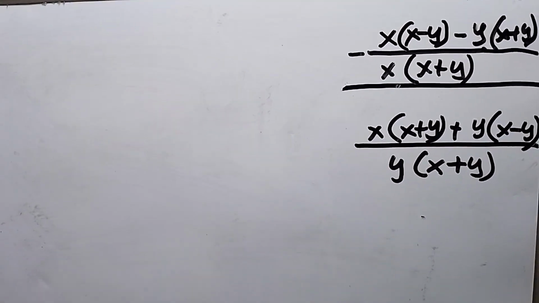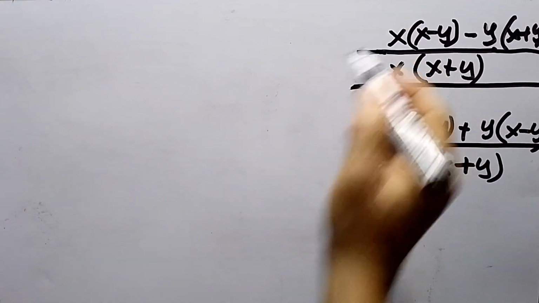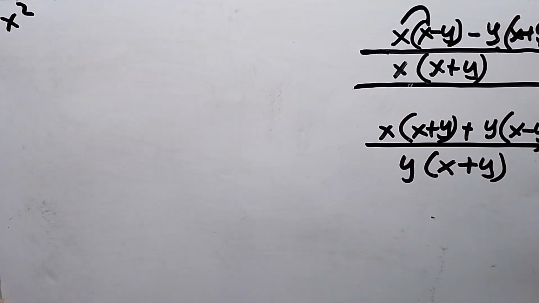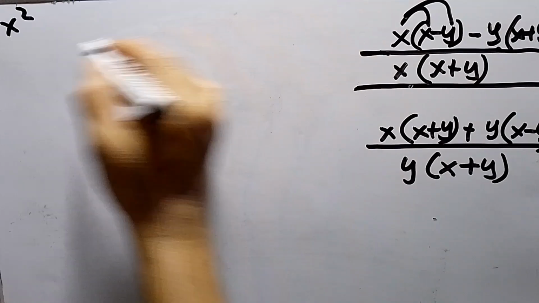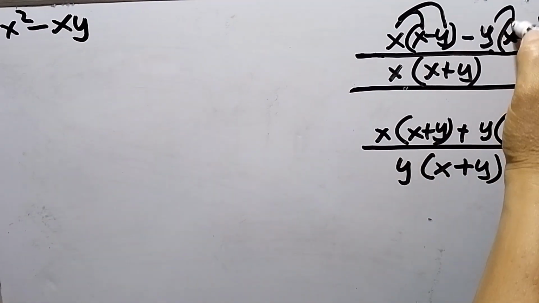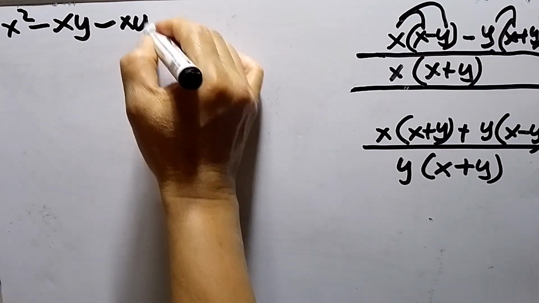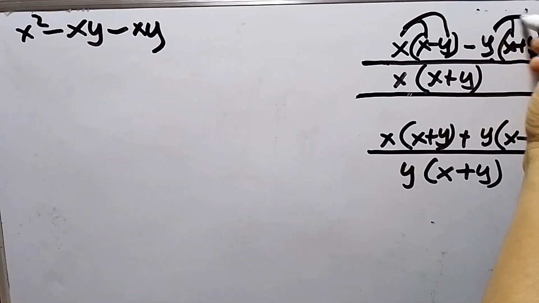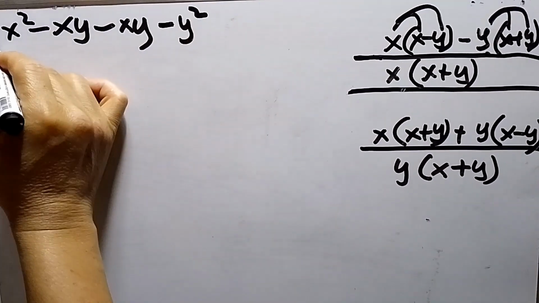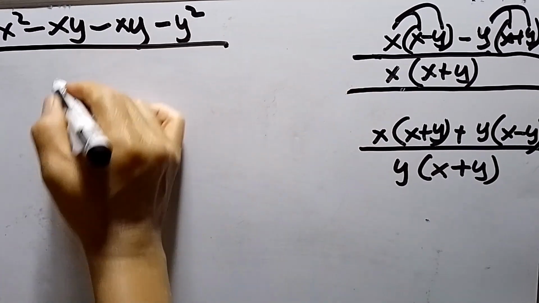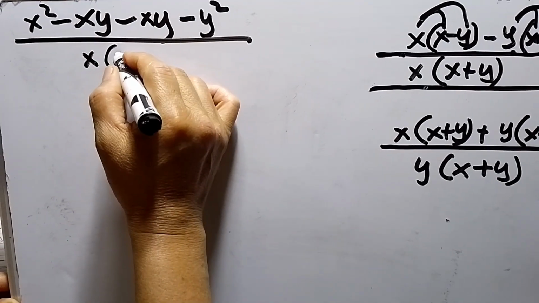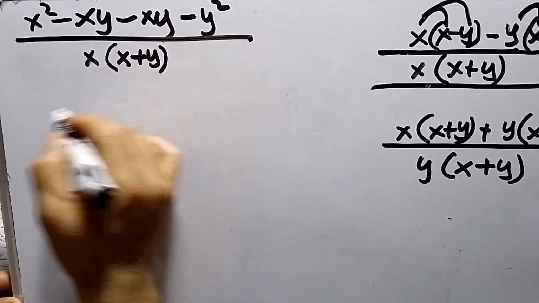Then I need to simplify this one. Distribute. This will be x squared, then minus xy, then this one also minus xy, then the last will be minus y squared. Then just copy the denominator for the numerator, which is x, round brackets, x plus y.